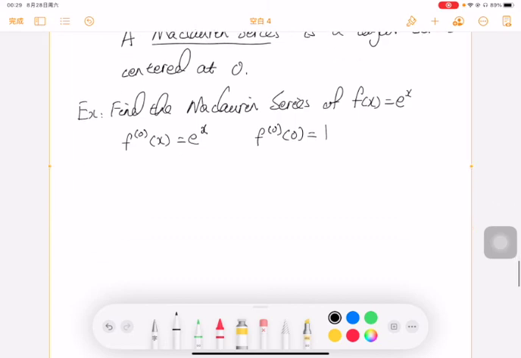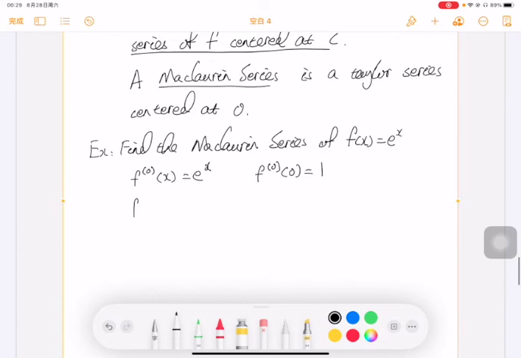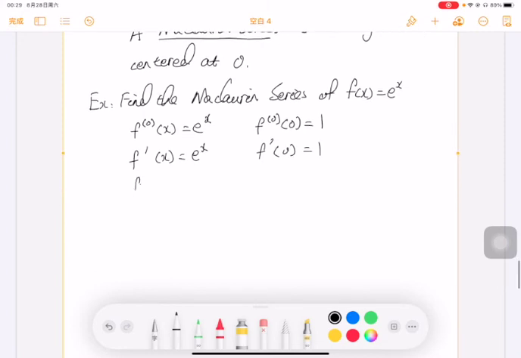All right, so to continue, we find the first order derivative. The first order derivative is just f prime. The derivative of e to the x is e to the x itself. So the first order derivative evaluated at 0 is once again 1. And then the second order derivative is, well, again, e to the x.